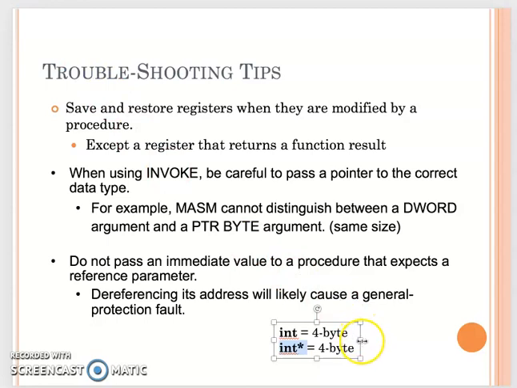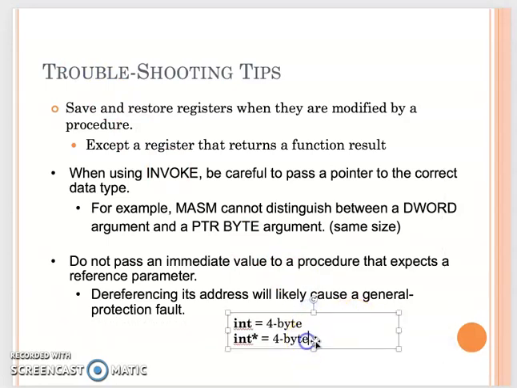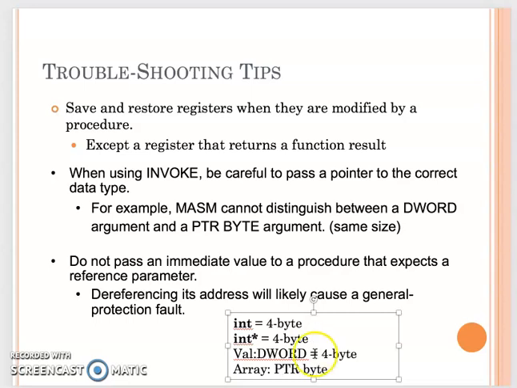However, in assembly language, they are different. For example, here I want to pass a first value that is D-word. So D-word is what? 4 byte. And I can say I want to pass by array reference. So this array reference, I will write that's a byte array. So that's the PTR byte.